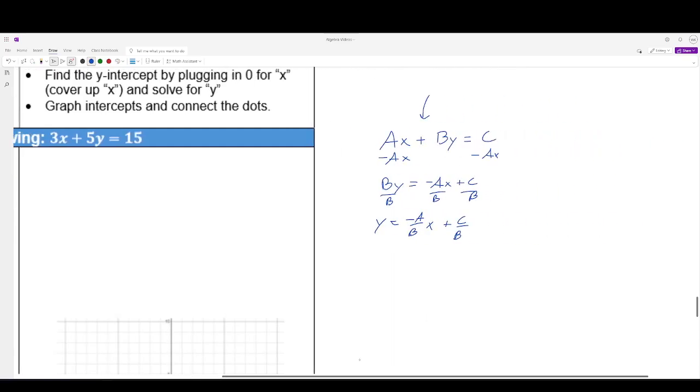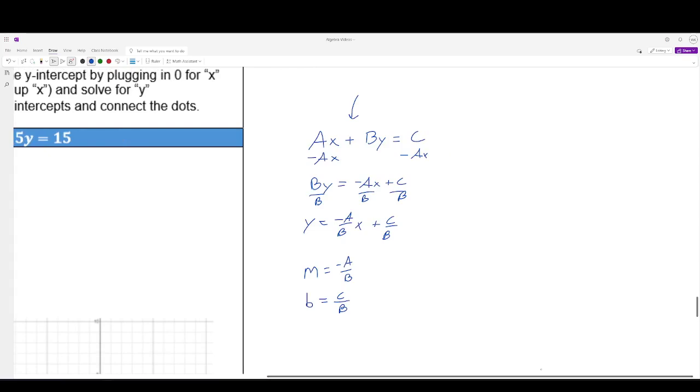But this is a shortcut that tells us that our slope is negative a over b, and our y-intercept is c over b. So in theory, we can go directly from standard form to knowing what the slope and y-intercept are without actually doing the algebraic steps. We know that the slope will always be negative a over b, and the y-intercept will be c over b.